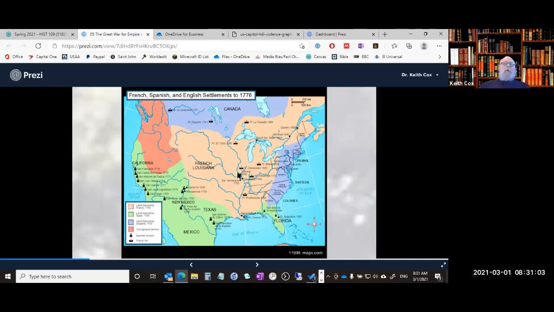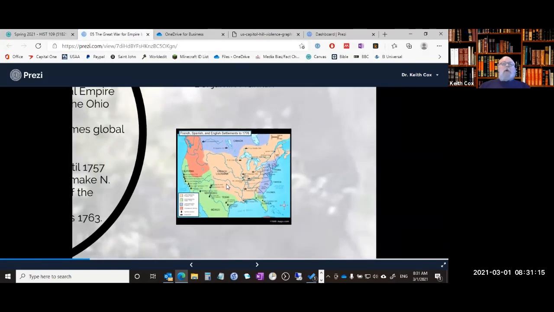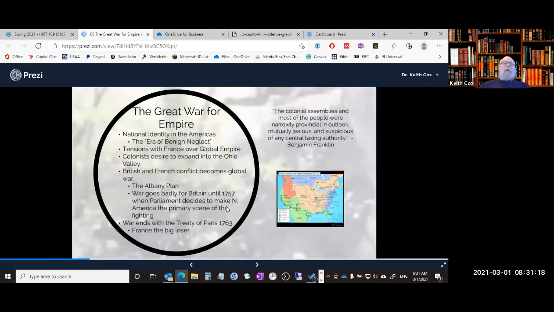And then all the territory west of the Mississippi is ceded to the Spanish. So the French lose their entire empire in North America through this war. And the French aren't going to forget this. The French are going to be very unhappy about having lost this major conflict to the British and lost their empire in America.